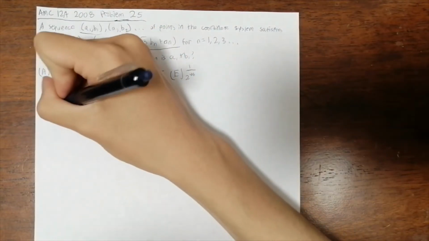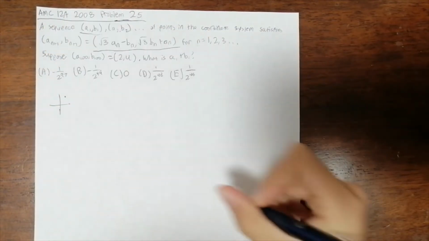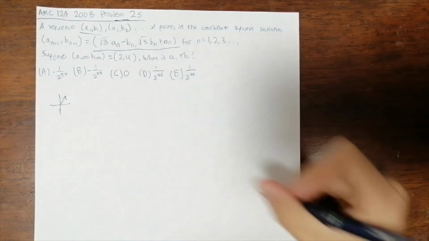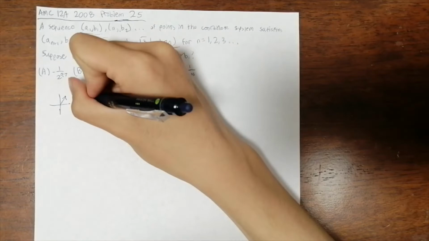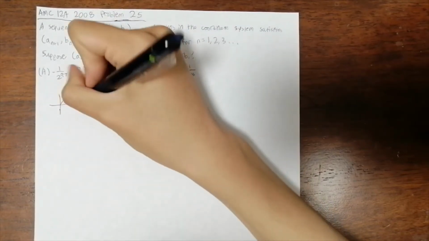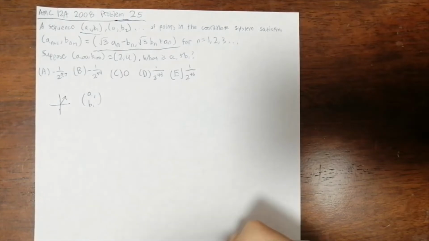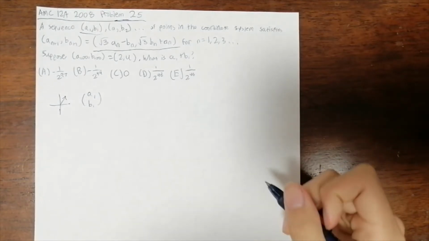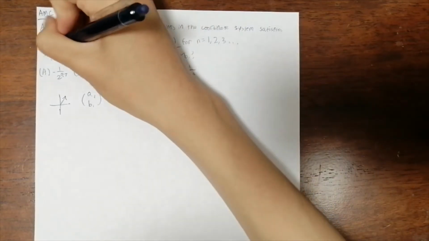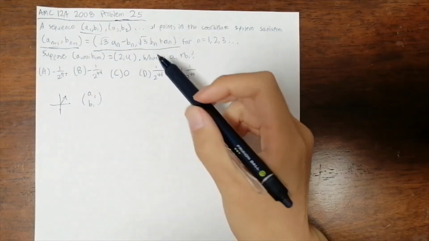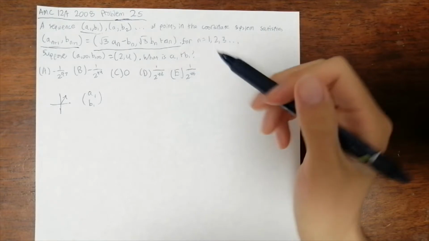For example, if we had a point here, we can write this as a vector going to this point. And the way we denote this is something like this.